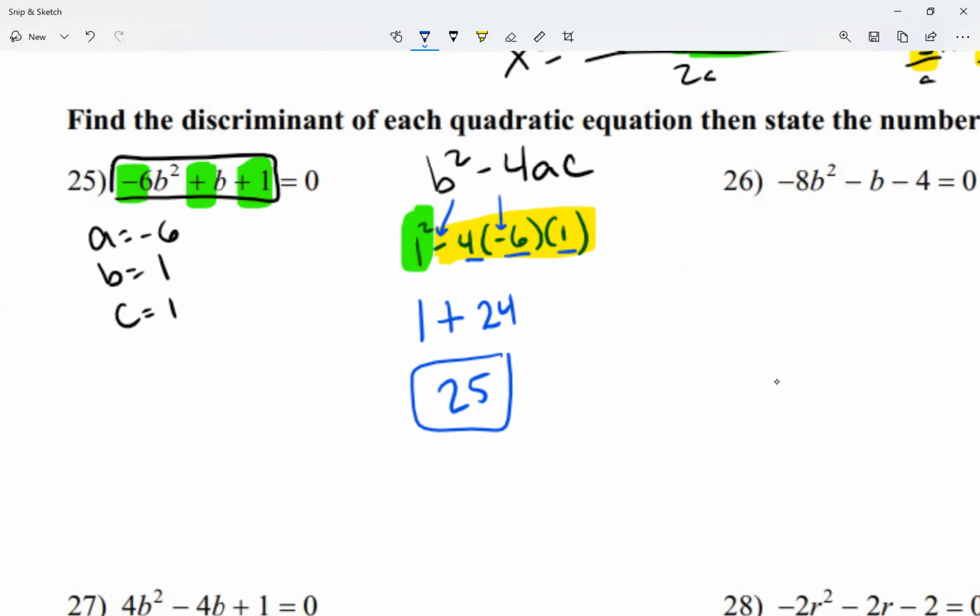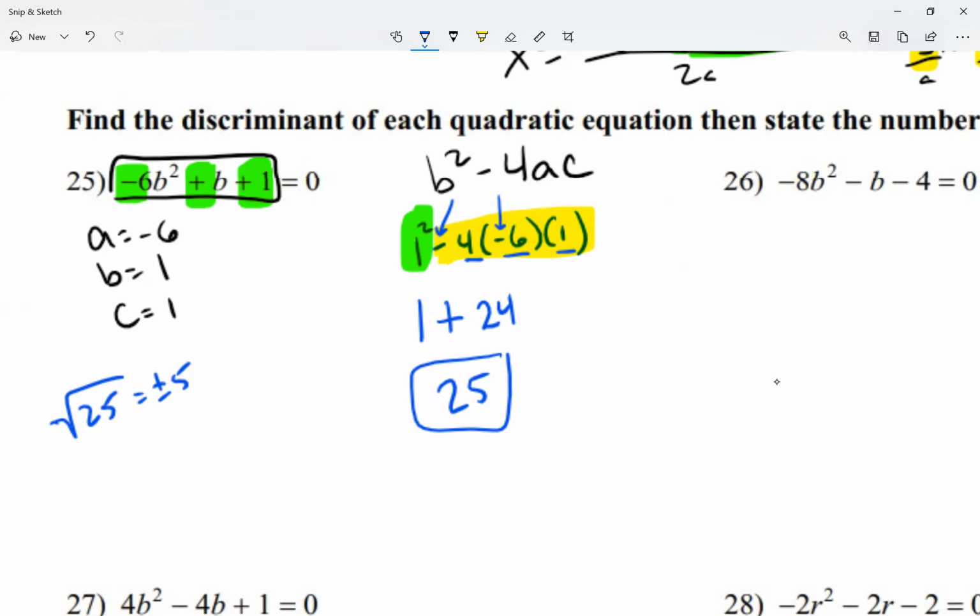Now, let me ask you guys this. If I asked you for the square root of 25, how many answers can you have for that? Well, some of you might say, positive or negative 5, right? Positive or negative 5. Okay.